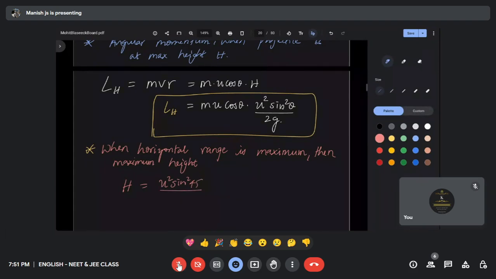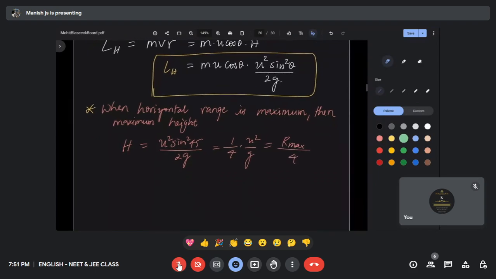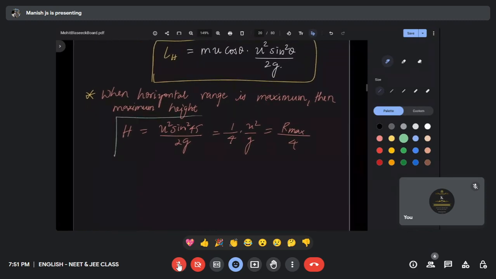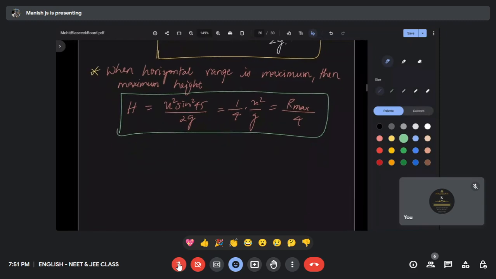So u squared sine squared 45 upon 2g, that would be equal to 1 by 4 times u squared upon g, which is R max upon 4. So these are the relations that we have when you substitute. These are the relations pertaining to maximum height and maximum horizontal range. That's why h is equal to R max upon 4. Okay, so that's how we got that relation.